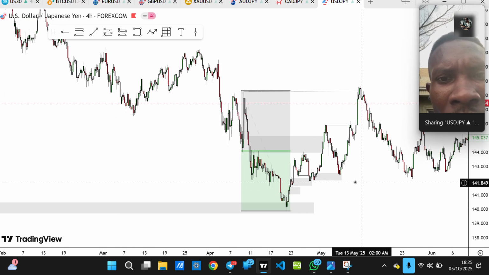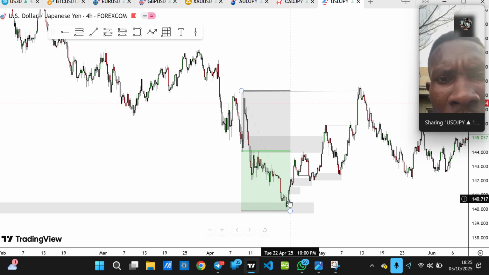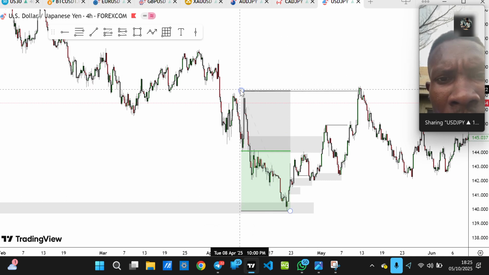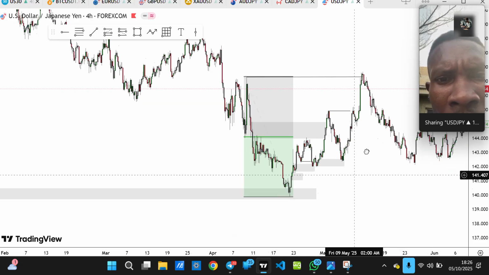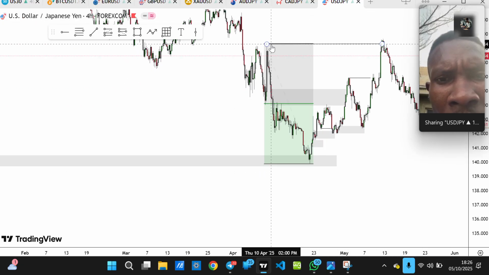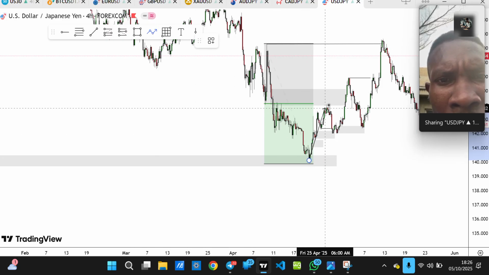And that's why the concept of premium and discount is very important. Because when you understand that this high was the one that was responsible for going down here, and then this high failed to break structure to the downside. Because if we were to break structure to the downside and recognize this high as a strong high, we will see price maybe come here, react from this supply, and then go downward.